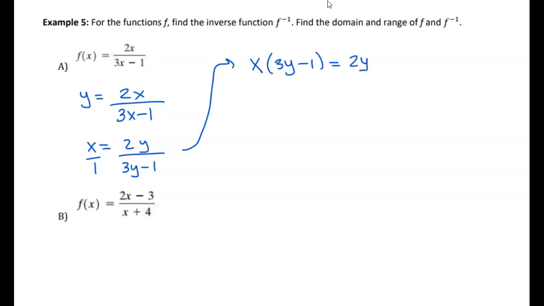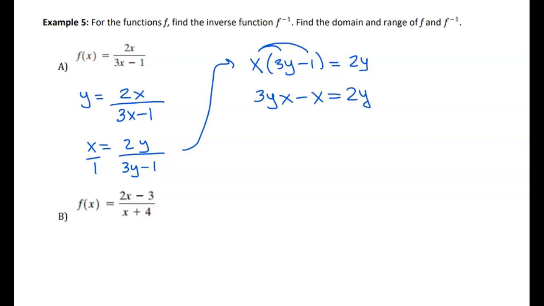Let's distribute this. Actually, let's divide by x. So 3y minus 1 equals 2y over x. That's not going to help. I was trying to be clever, and that never works. All right, we're going to distribute the x. We have 3yx minus x equals 2y.